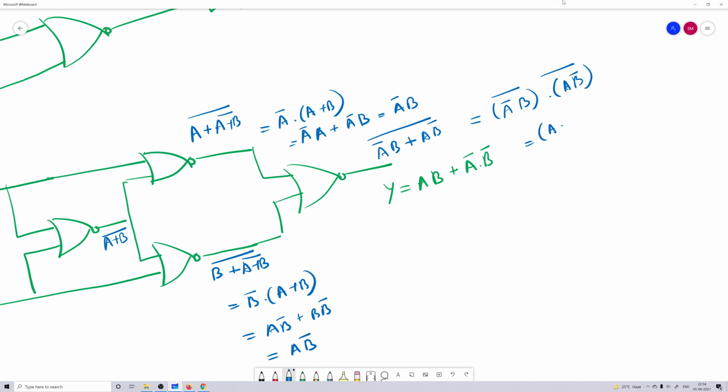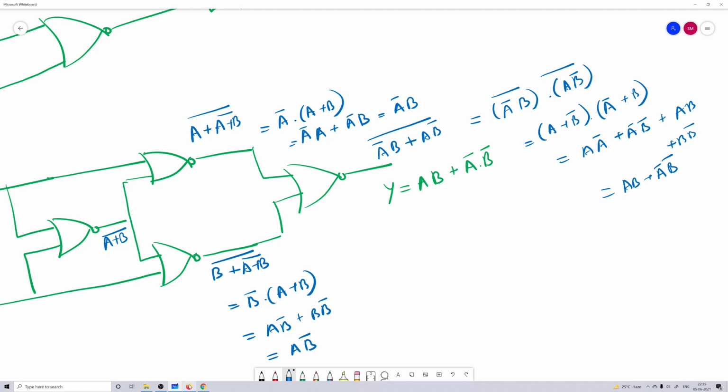So that is A plus B complement times A complement plus B, that would be AA complement, B complement A complement, AB, BB complement, that is equal to AB plus A complement B complement. This is the XNOR logic as we had targeted.